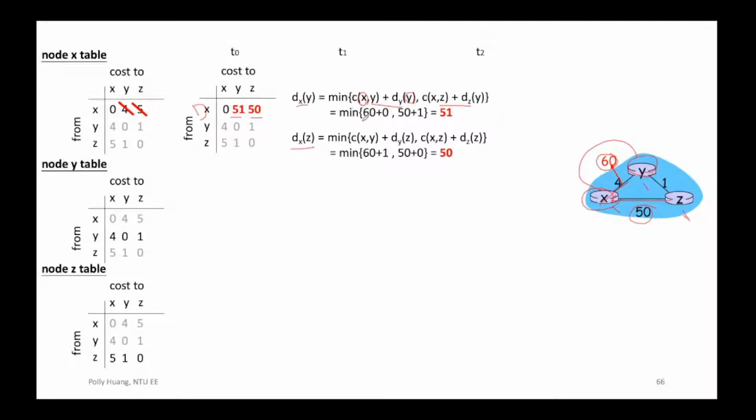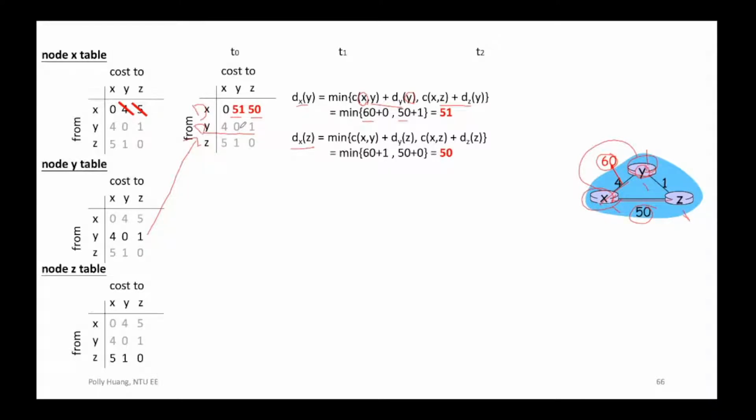So we do have 60 and 50 here correspondingly. And then through first neighbor y, what is the perspective? What is the shortest distance to the destination? Well, y to y, we'll have to look up the table coming from node y in order to find out, right? That is y's perspective. So that's in dy, came from node y earlier.